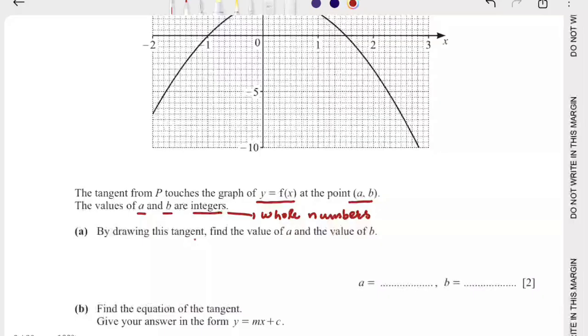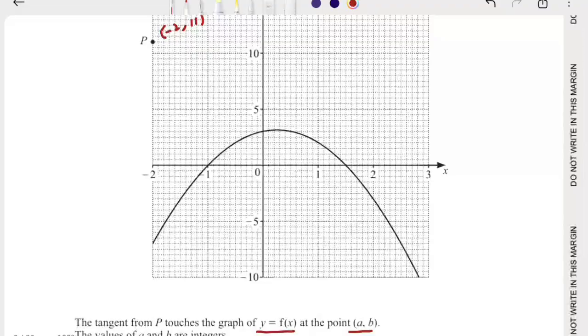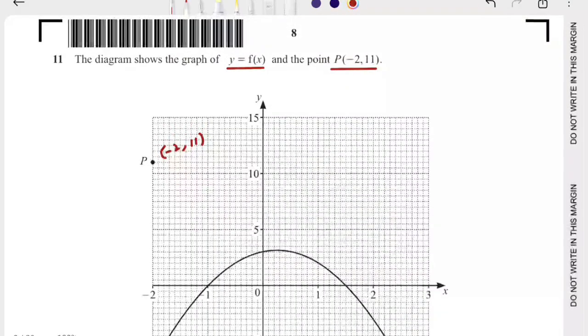By drawing this tangent, find the value of a and the value of b. Students, just see, the point is given, that is -2 and 11. Now we have to first of all make one tangent that passes through this point and touches the graph externally. So let me draw here.